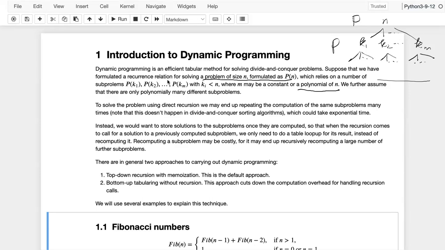Okay, so this is the boundary. Okay, so that is the problem we have.